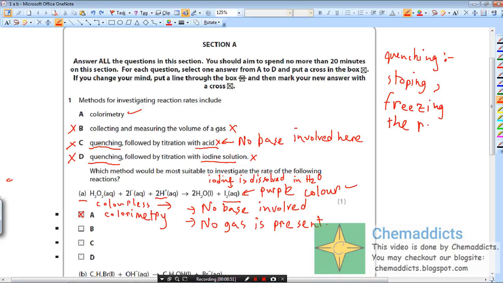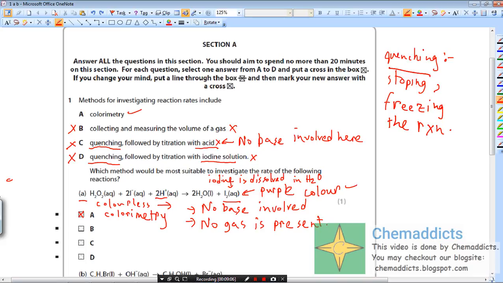So quenching is basically stopping or freezing the reaction. That's it. So we can stop the reaction by using acid. We can also stop the reaction by iodine solution.